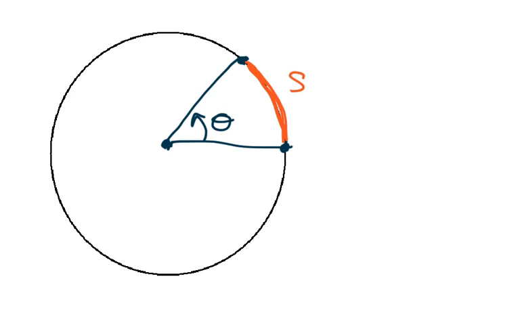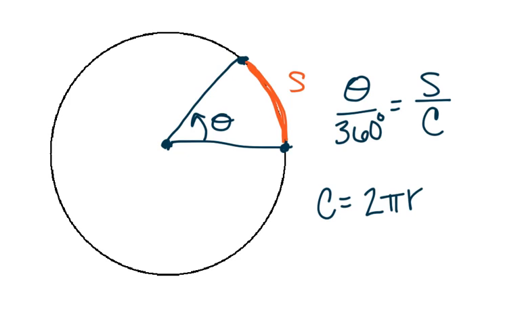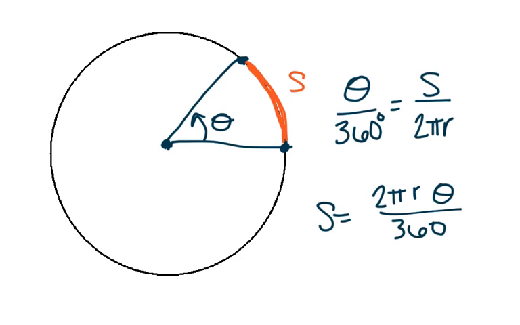So we can set up a generic proportion and use it to determine the arc length in any circle: theta over 360 degrees equals the arc length over our circumference. Just a reminder, our circumference is 2 pi times the radius, so I can substitute that into my formula.